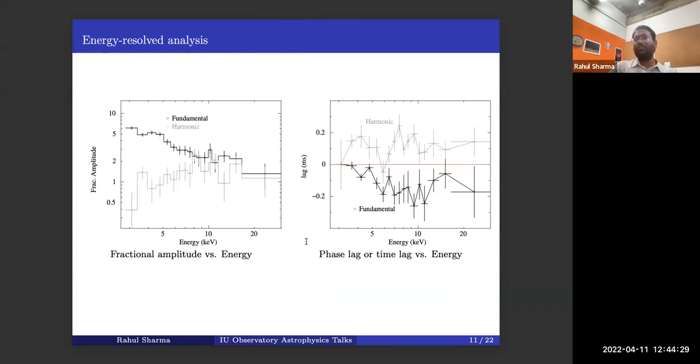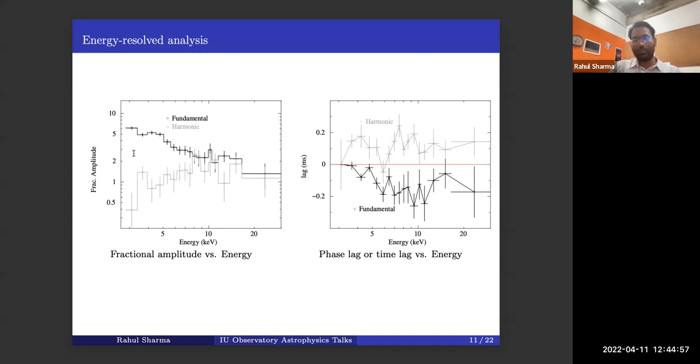Next we studied how the pulsation depends on energy. We divided the full data into different energy bands, created the pulse profiles, and studied how the fractional amplitude and its phase lag change with energy. The left panel shows the fractional amplitude with energy. The dark black one is the fundamental, and the gray one is the harmonic component.